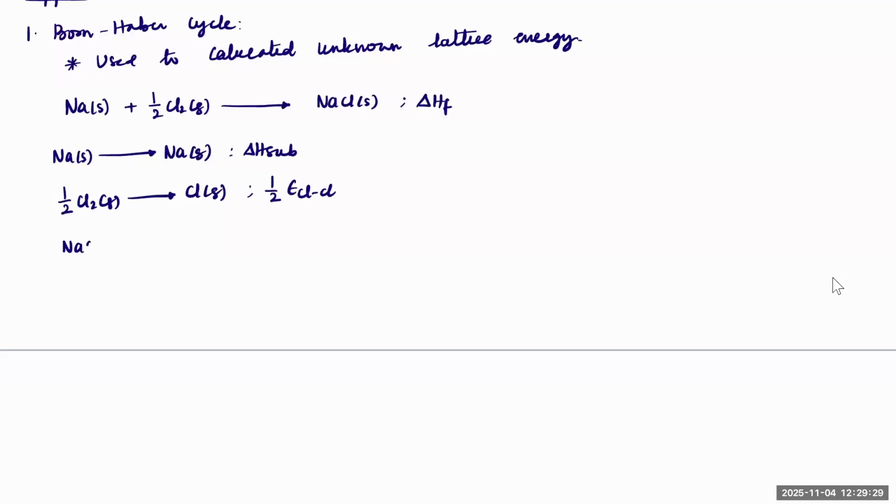Then sodium gas is getting ionized to Na plus gas, so that is delta H of ionization energy. Next, chlorine which is formed as a gas is getting converted to Cl minus gas, which is electron gain enthalpy.